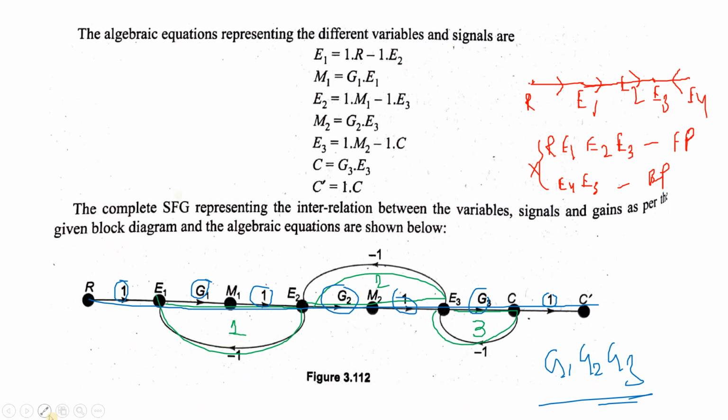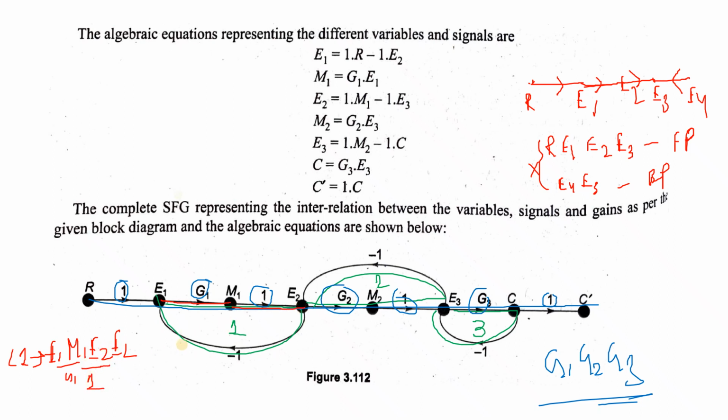Here, this is one loop, loop 1, which I have shown in green color. What are the paths making the loop? The first loop is E1, M1, E2, and again E1. So this is loop number 1. What is the gain of E1 to M1?